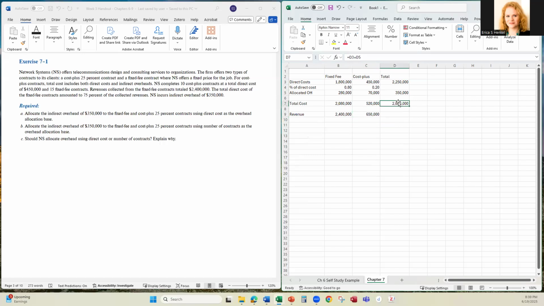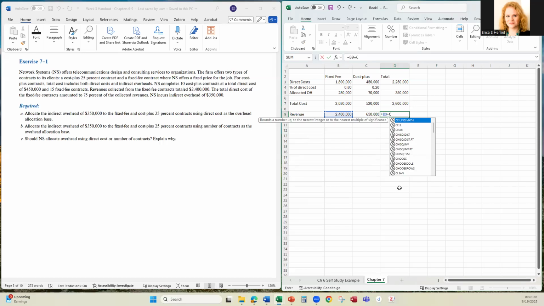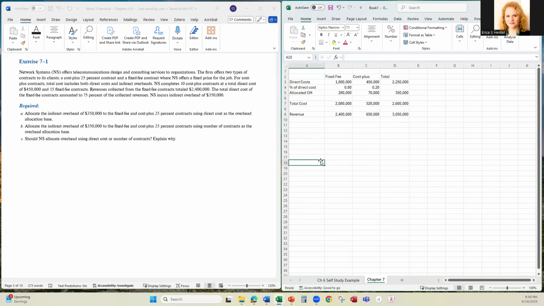So then that would give us a total of 3,050,000, right? In terms of revenue. Okay. Let's see. So in terms of allocating those based on the direct cost as the overhead allocation base, that's what we would go for. Now, here they want us to use number of contracts as the allocation base.